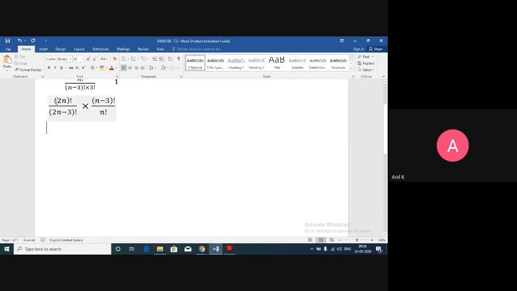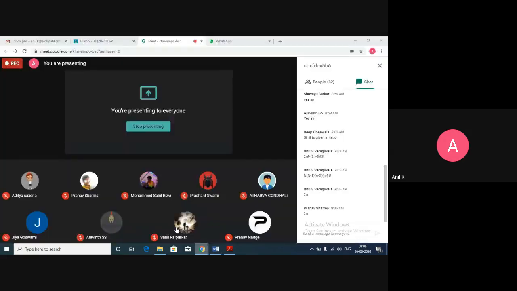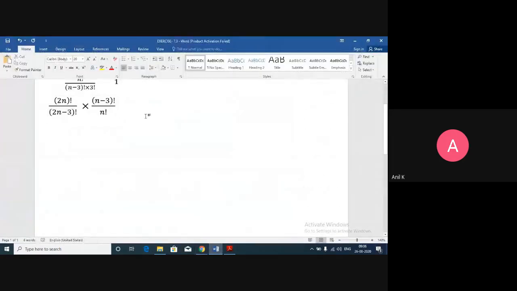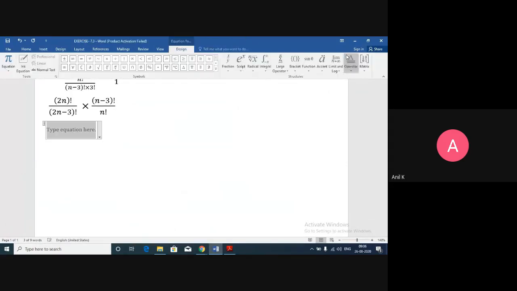Now, which terms do I have to expand? What do you think? 2n factorial is bigger or 2n minus 3 factorial is bigger? Yeah, 2n factorial is the bigger one. So as usual, we are going to expand the bigger term until we reach the smaller term.